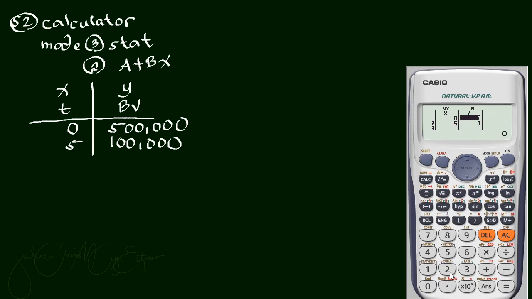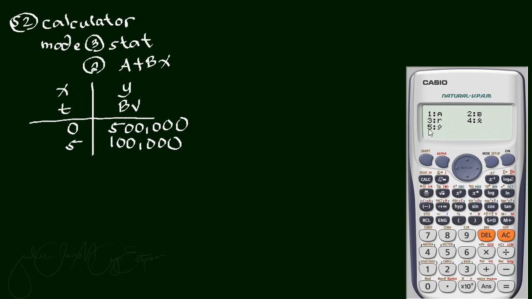So 0 corresponds to the book value of 500,000, so press equals. Next you press 100,000 for 5 years, so you press equals, and then press the AC button and then shift, you go to 1 for statistics, and then click 5 for regression.